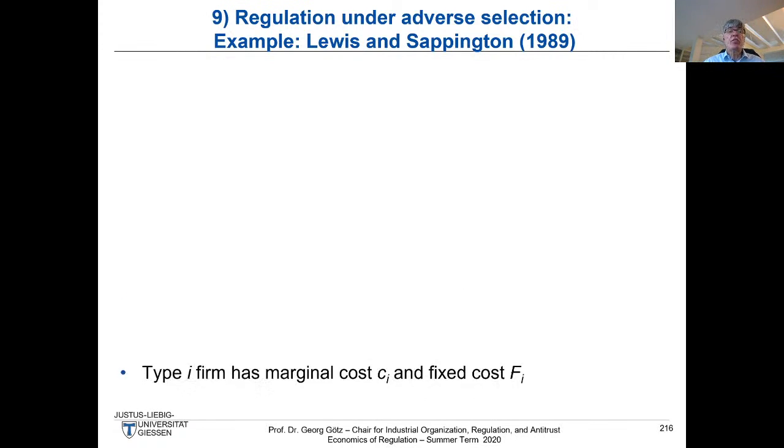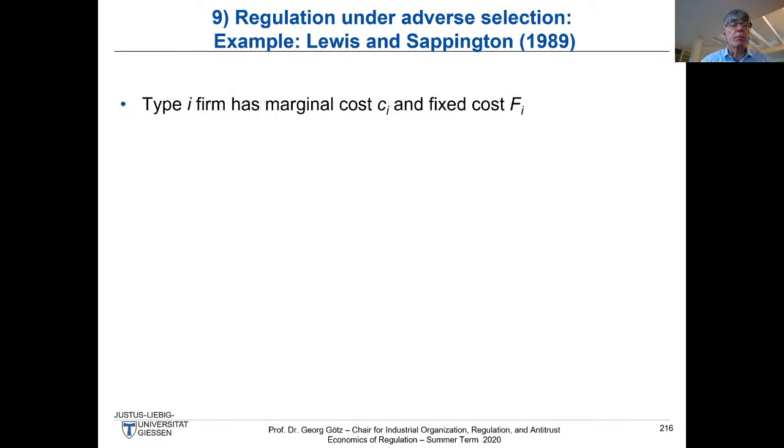Okay, the VIII model, and hopefully it becomes clearer right now what all these conditions mean and under what circumstances we really can implement the full information outcome in a world where we have asymmetric information. Okay, the regulator does not know whether the firm has marginal cost CL and fixed cost FL or marginal cost CH and fixed cost FH.